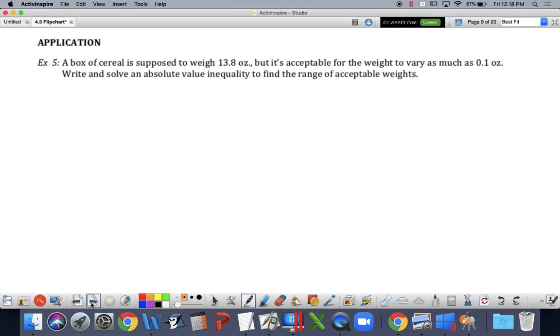So what is the range of acceptable cereal weights? 13.7 to 13.9, right? So your answer is going to be from 13.7 to 13.9, and it's as much as, so we have to also have an equal to in there.